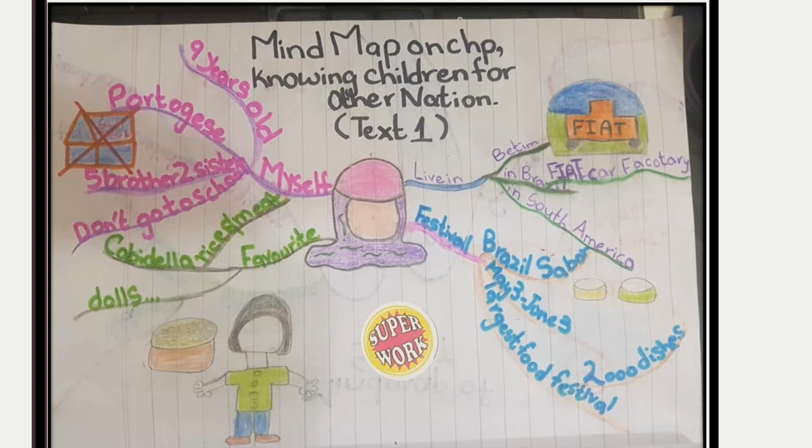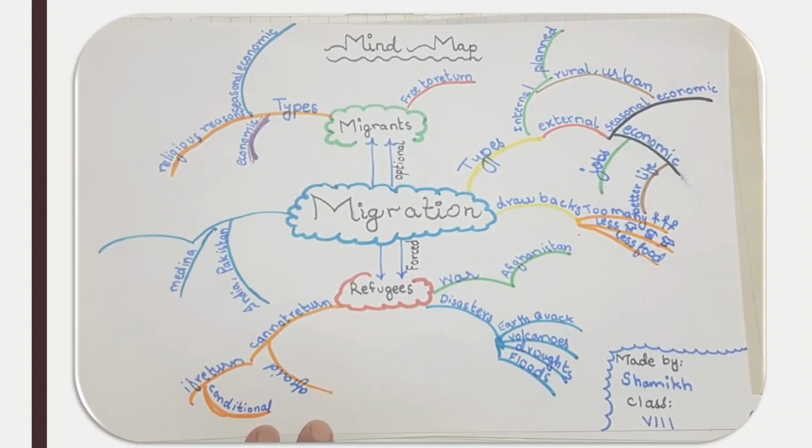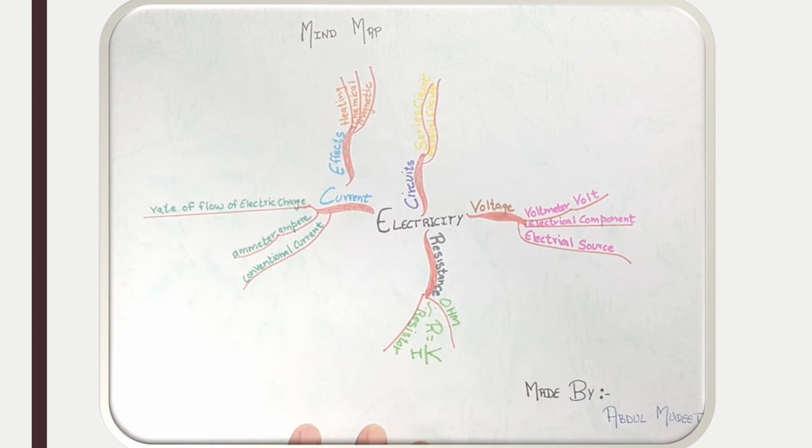This is the mind map of a unit which is about knowing children of other nations. The topic here is migration, electricity. So this is a mind map related to science.